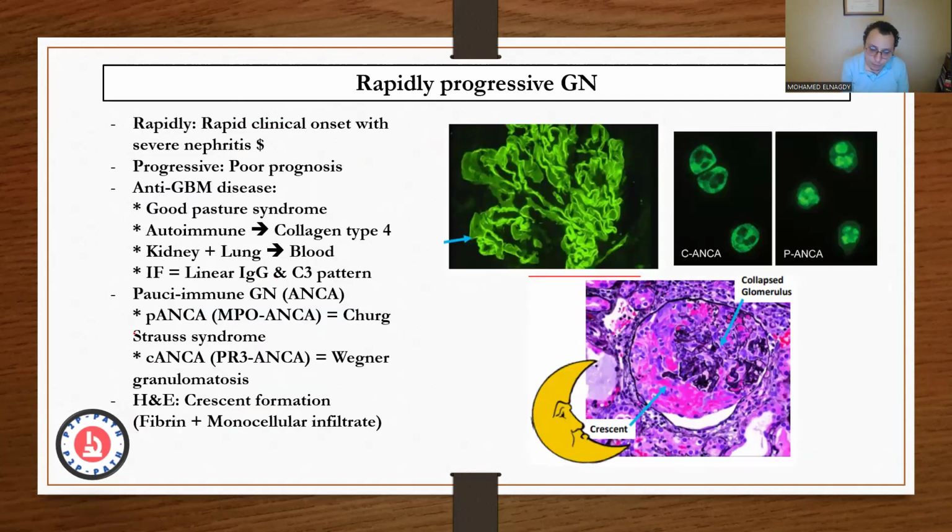Rapidly progressive glomerulonephritis. It's very scary. It happens rapidly, honestly, and within weeks the patient starts having acute renal failure.